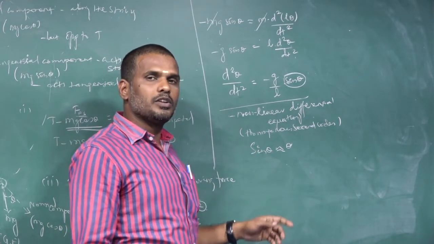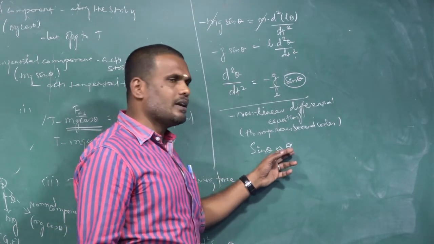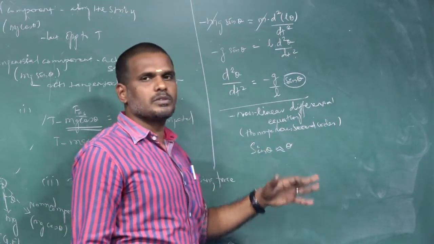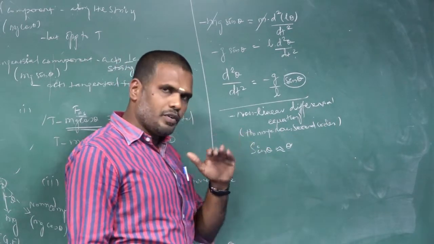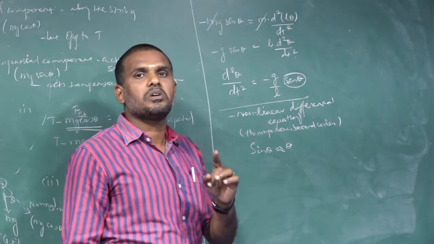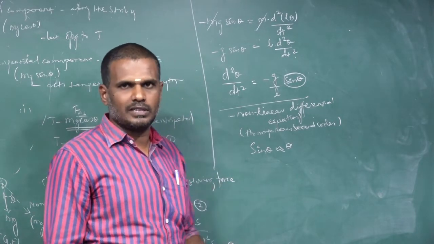If theta is very small, the higher powers of theta can be neglected and we can hold theta alone. Cos theta when approximated for smaller angles will be equal to 1. Tan theta when approximated for smaller angles will be equal to theta once again.